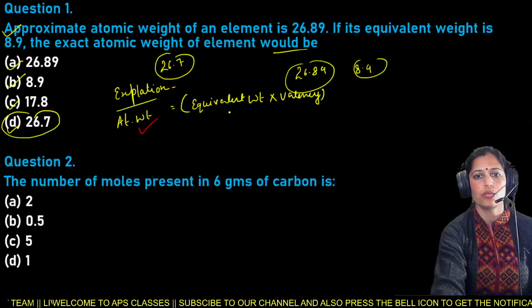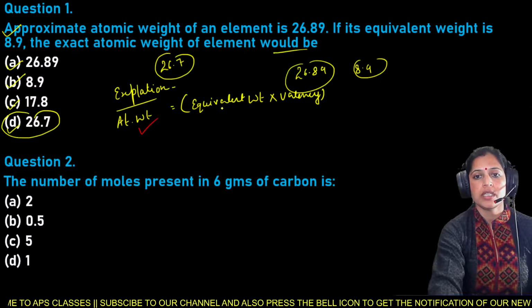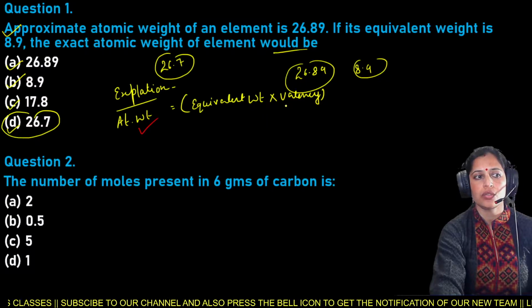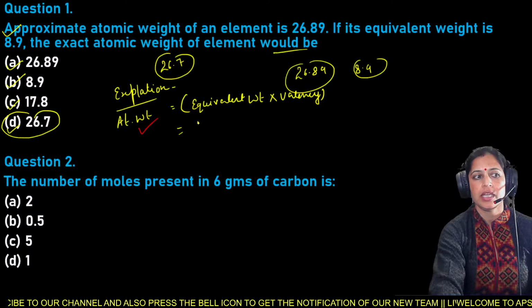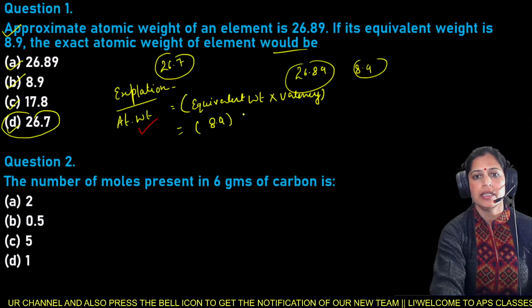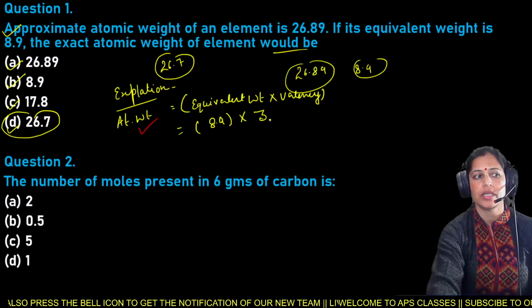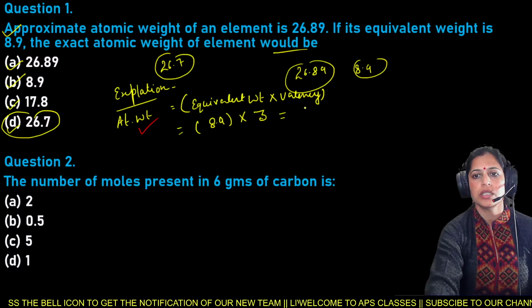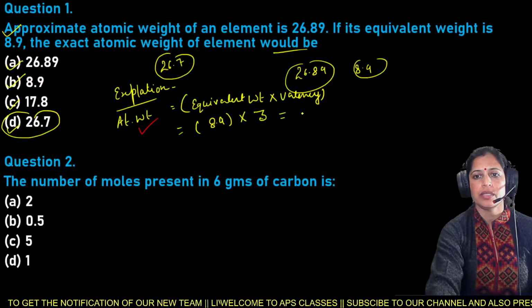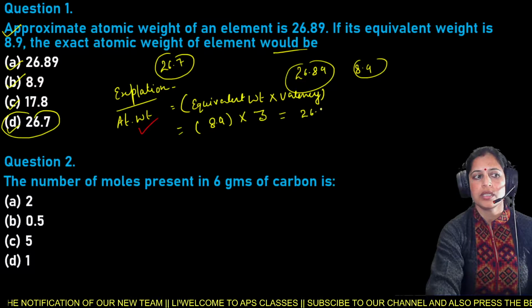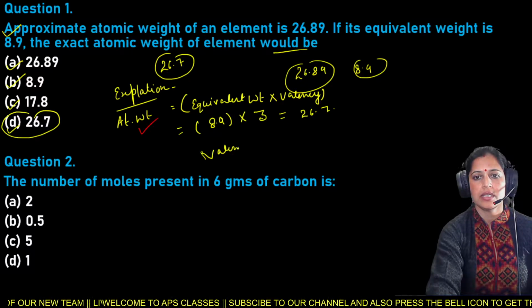This is the formula for atomic weight. Here the equivalent weight is 8.9 and the valency of the element is 3.